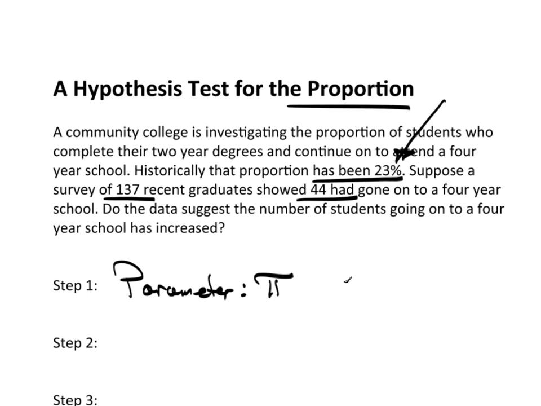Just pulling off pieces here, this is suggesting that pi equals 0.23. And if I had 44 of 137, that means p hat equals 44 over 137. So this is a sample proportion, and this is what they believe the true proportion actually is.